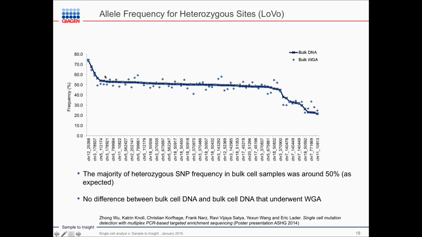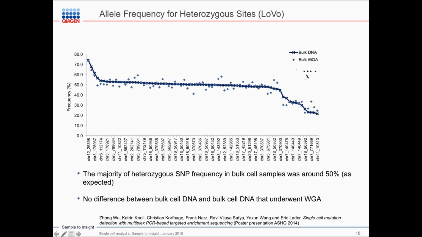And for the most part, the alleles that are identified for the bulk DNA are very similar to the ones that we have identified at the same allelic fraction for the whole genome amplification. So in general, we're finding that we're not introducing significant bias when we're doing the whole genome amplification, and we're ready to take a look at using this as a method for measuring the individual cells.